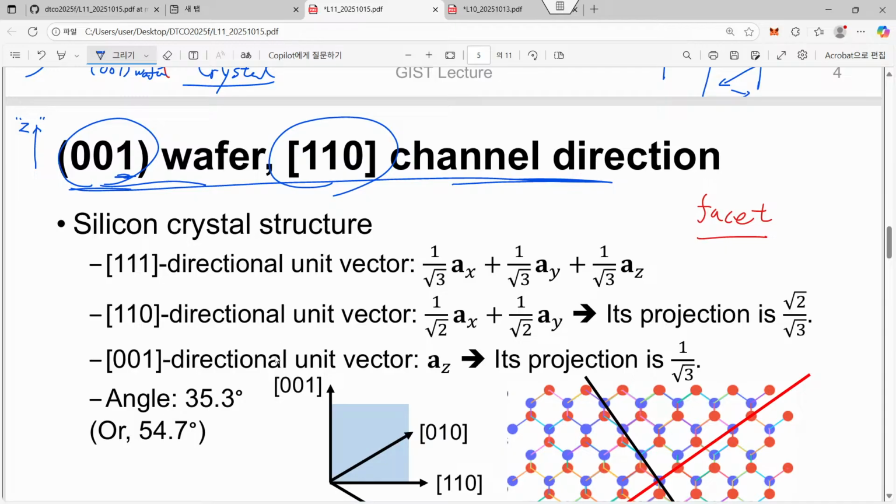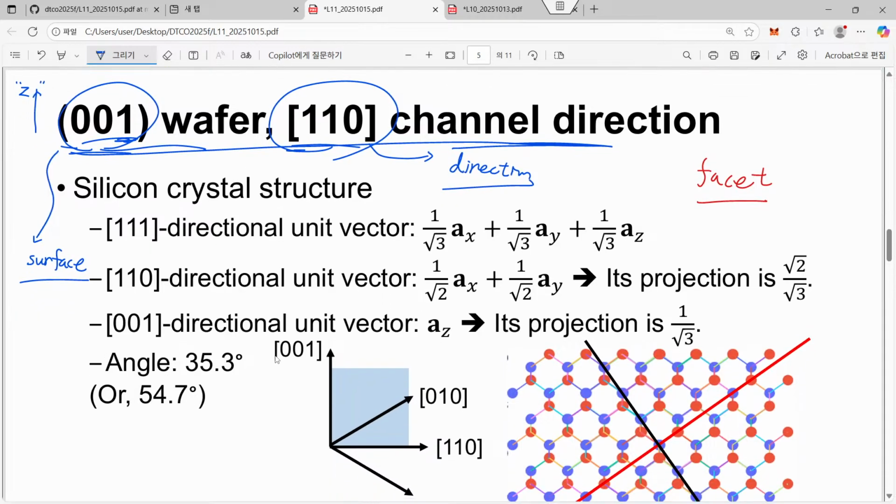You must understand the difference between parentheses and brackets. I hope you are already aware of this. Parentheses are used for surface description, and brackets are used for direction description. Of course, in a cubic system they are actually equivalent numbers, but let's keep the different notation, because generally it is the way we have to follow.